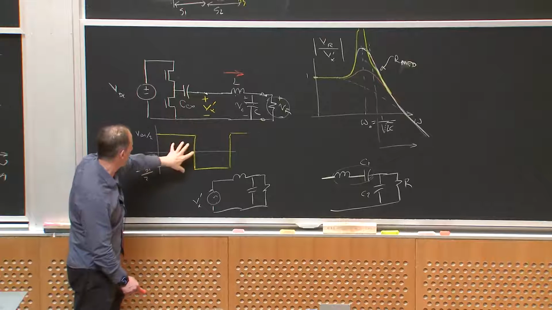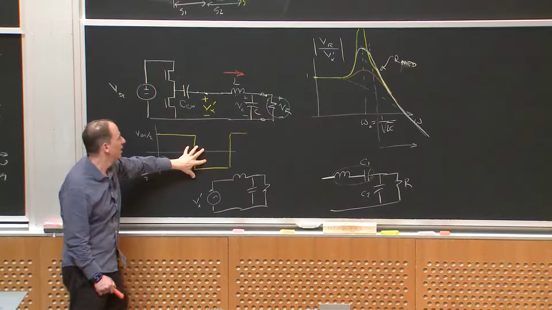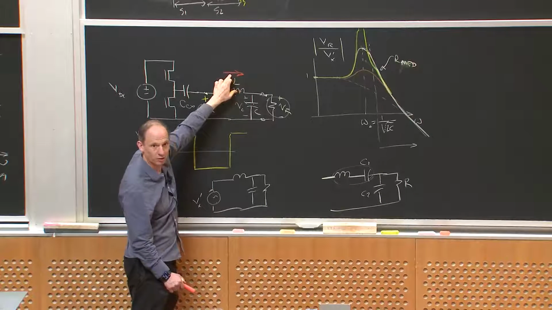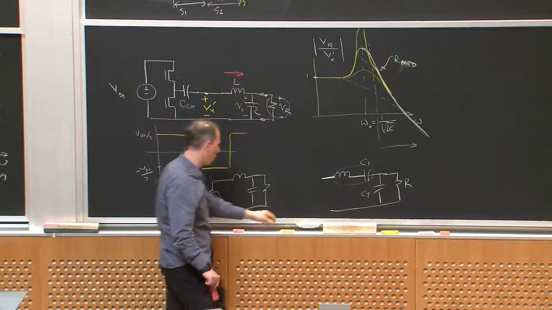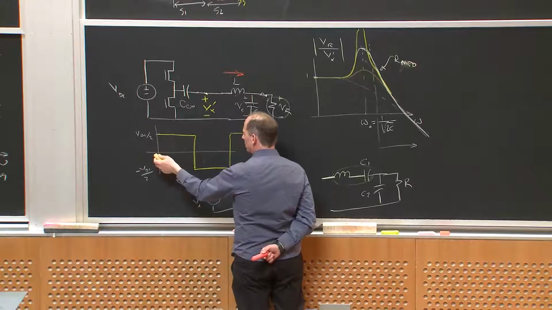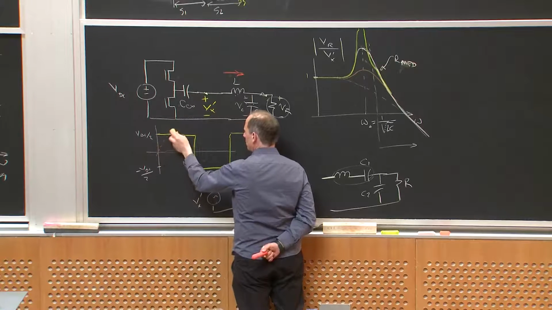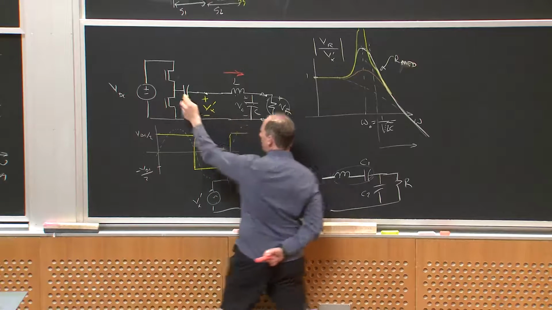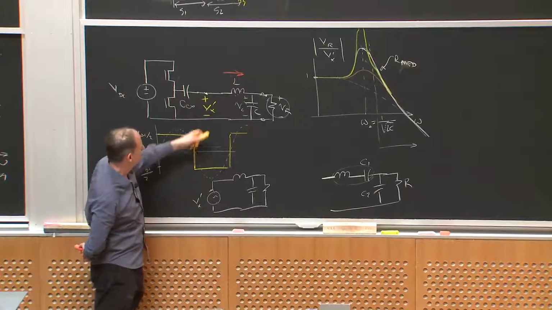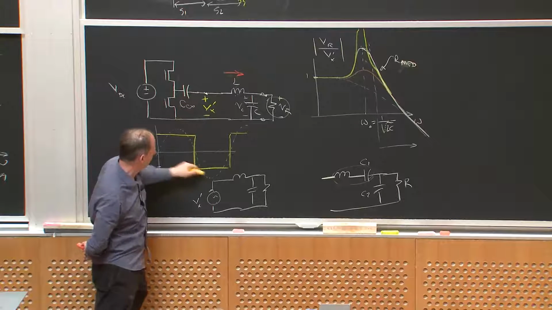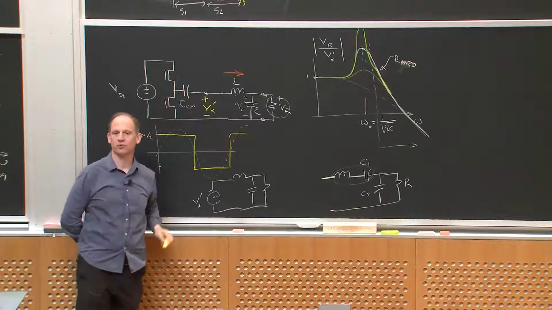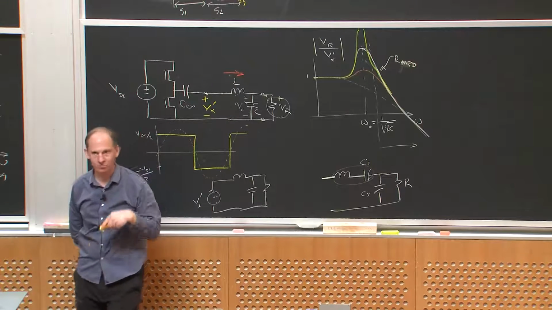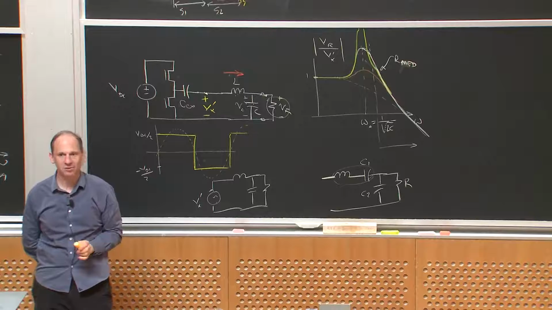So even though Vx has a bunch of harmonic content, as long as this network filters to make the current sinusoidal, then the only component of this thing that matters is the fundamental component of the drive voltage, because no other harmonic component delivers average power through the network. Right? So the fact that I'm mediating power through a sinusoidal, in this case current, is very valuable.